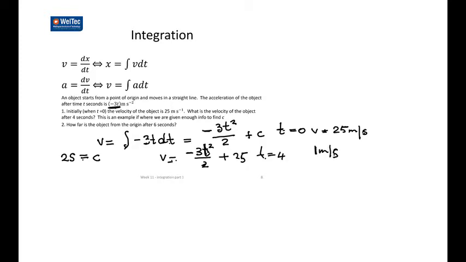Now the second part of the question says, how far is the object from the origin after 6 seconds? How far implies distance. So s or x, or whatever you want to call it, is the integral of the velocity. Our velocity function is negative 3t squared over 2 plus 25.